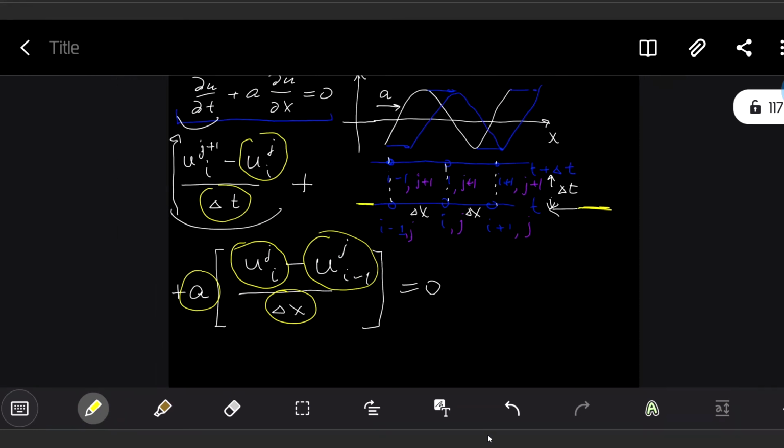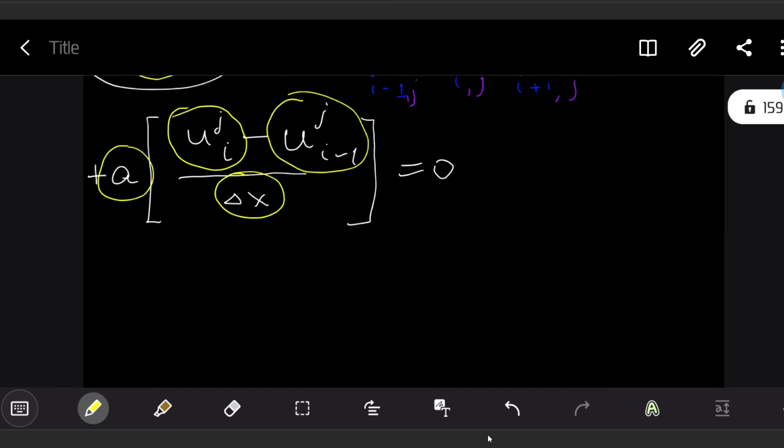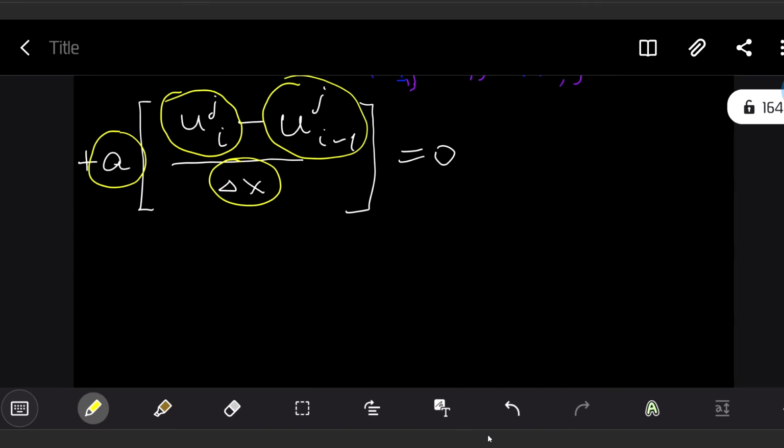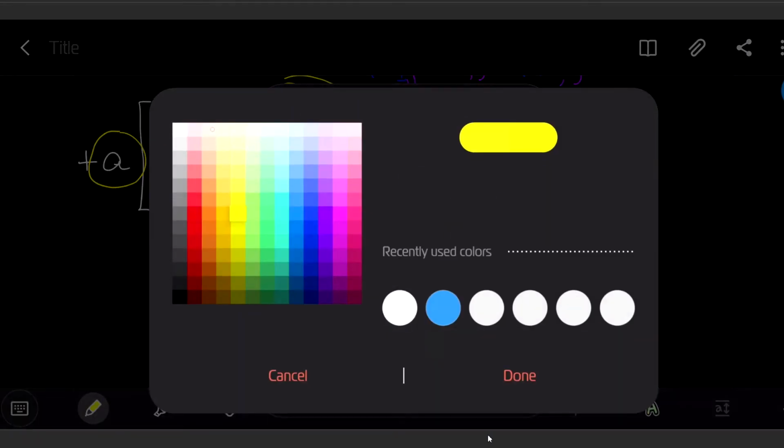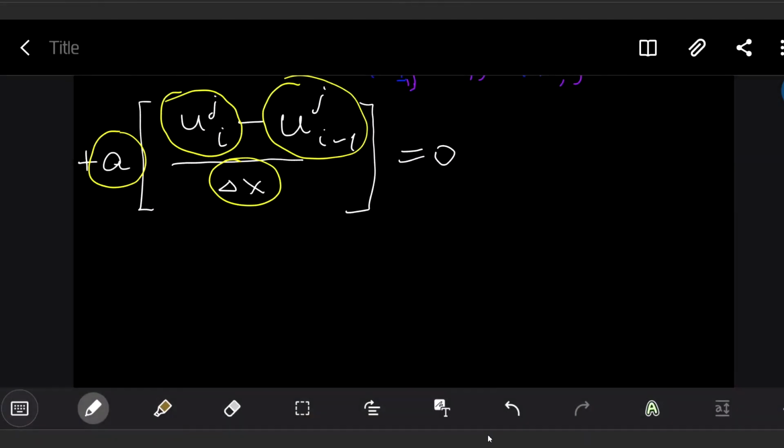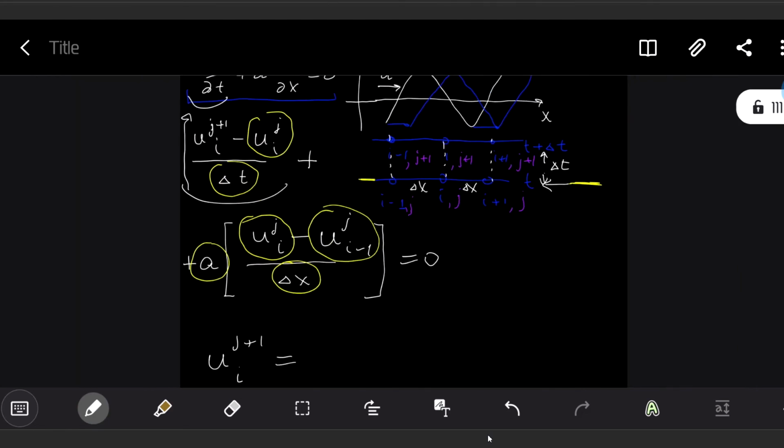Okay, I will write from here. I will choose back my color, and I will write that the value of the function which we would like to find, u at j plus 1, point i coordinate, would be equal to the following. So I move on and make the transformation at the same time.